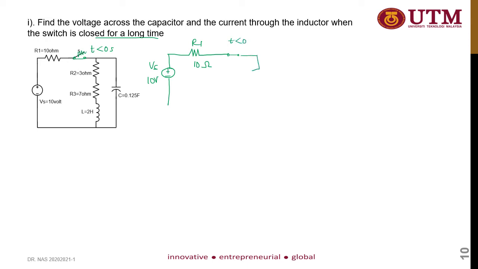And then you have your resistor R2 equal to 3 ohm, and then R3 equal to 7 ohm, and you have the inductor. When the switch is closed for a long time, in steady state condition, the inductor appears as a short circuit while the capacitor appears as an open circuit.